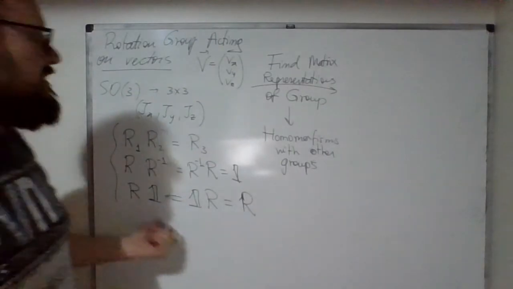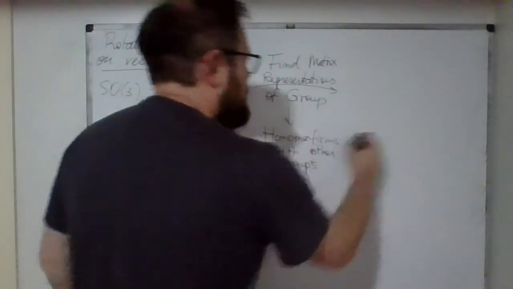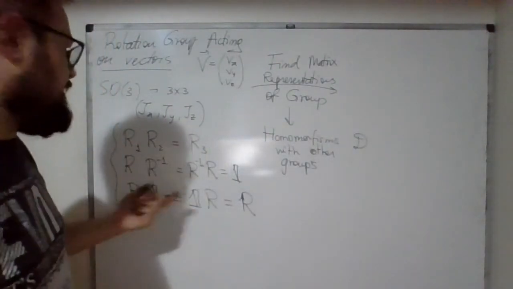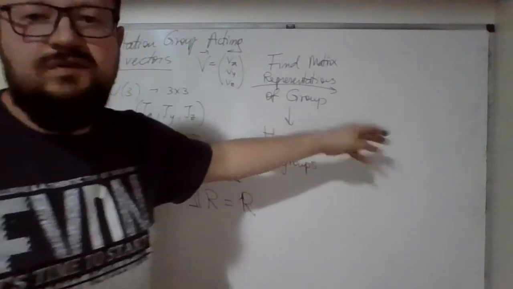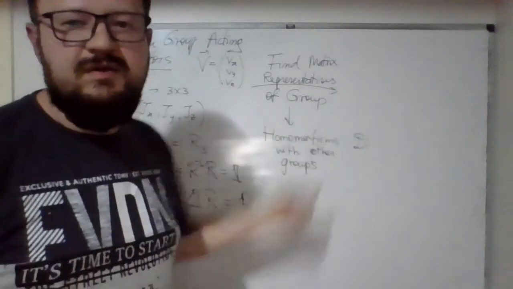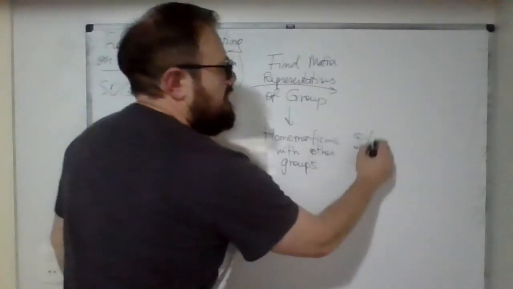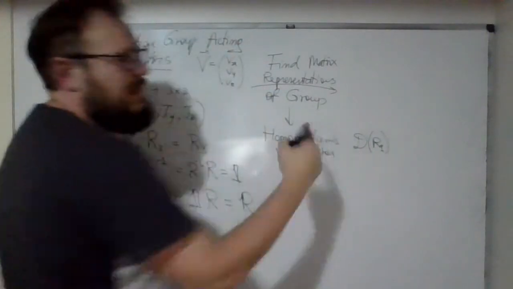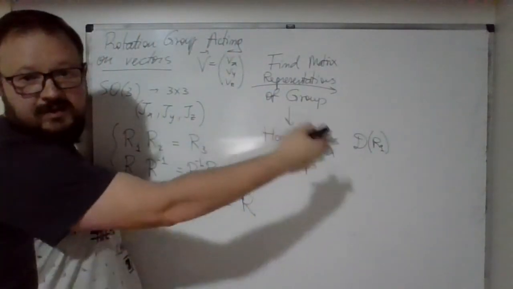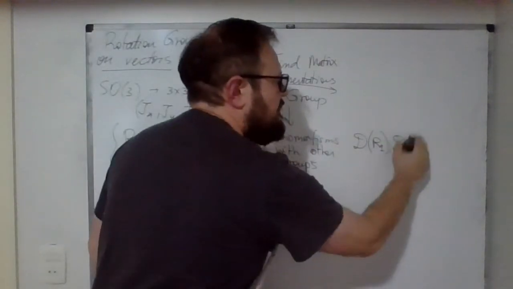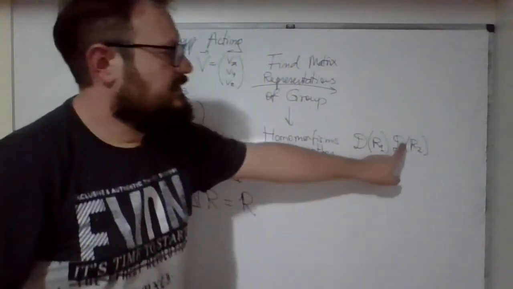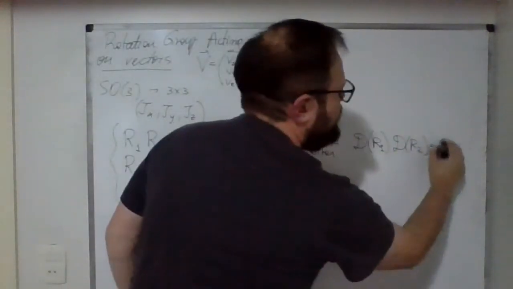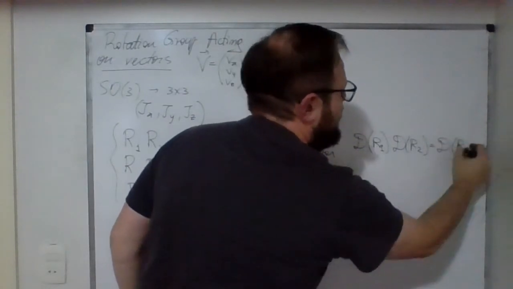So in the representation, we need to have some D, the letter usually used to represent that this is a representation of the rotation group. Some D of a given rotation R1, just a matrix, not this matrix, another representation matrix, times D of R2 is equal to a matrix D of R3.